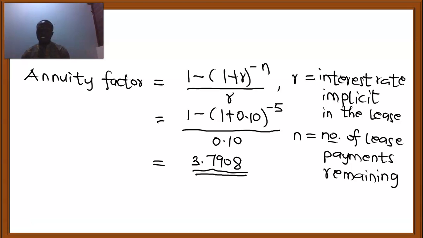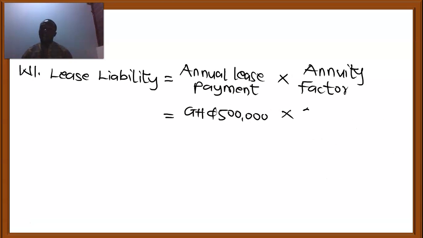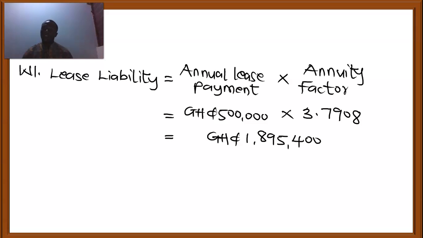So we are going to multiply this by the annual lease payment. When you multiply 500,000 by the annuity factor of 3.7908, we are going to get 1,895,400 as our lease liability.